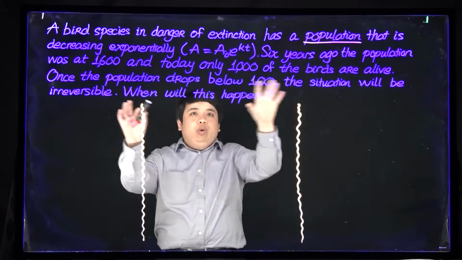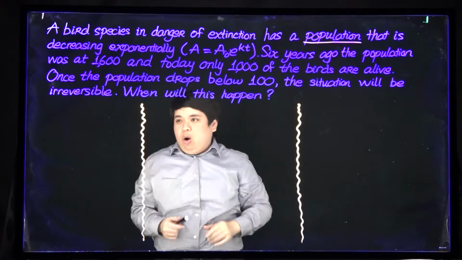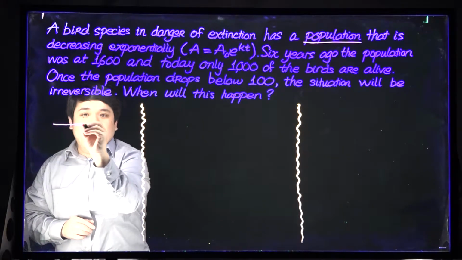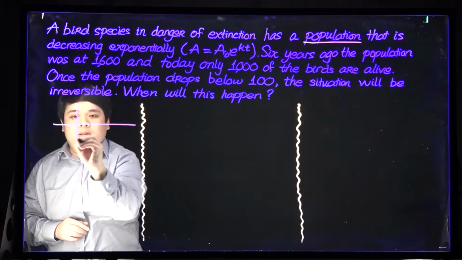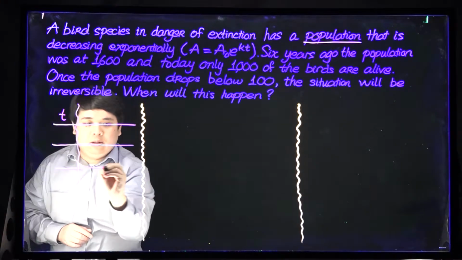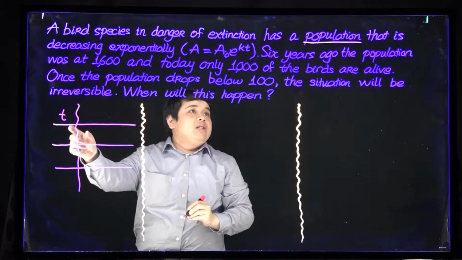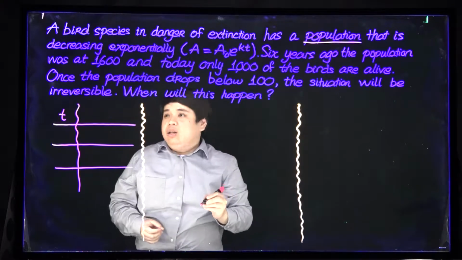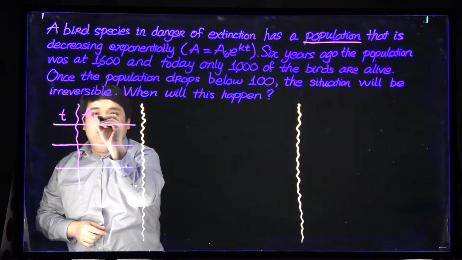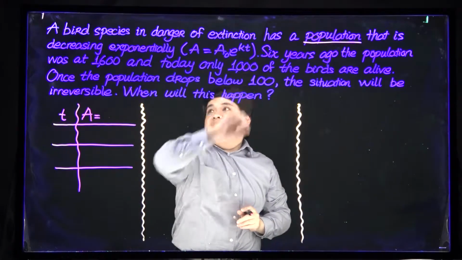But first, if we read through the problem, I try to summarize all of that in this little table. T is the time, in years, and A will be the population. We're using that model.